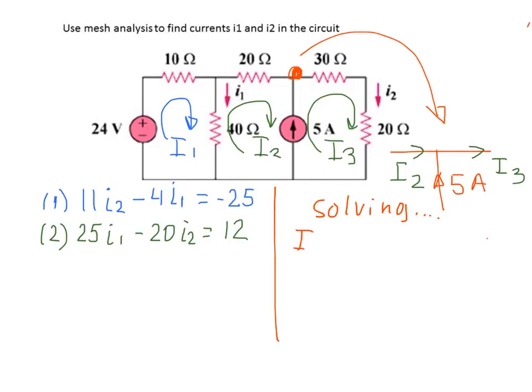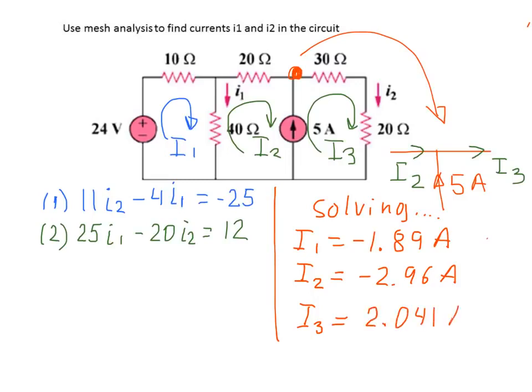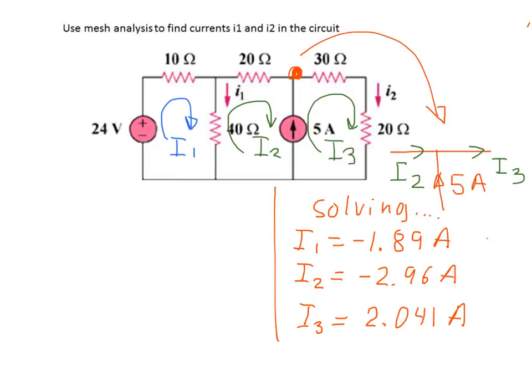As the result of the solution, I1 is equal to negative 1.89 amps, I2 is negative 2.96, and the mesh current I3 equals positive 2.041 amps. And once we found all three mesh currents, we pretty much can finish the question and answer what would be the currents I1 and I2 in the circuit.